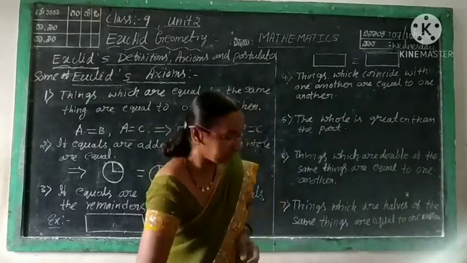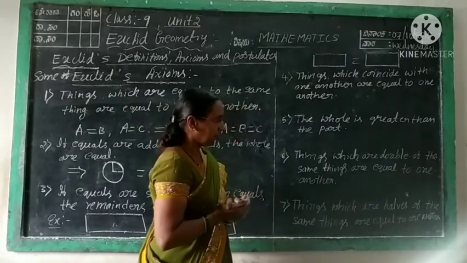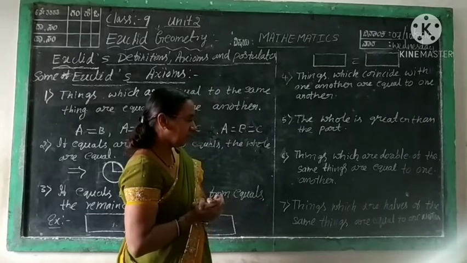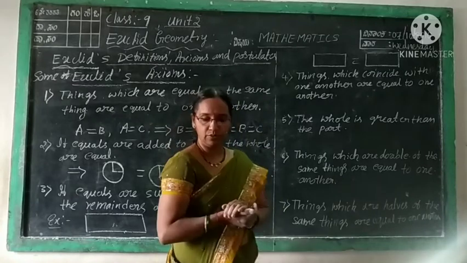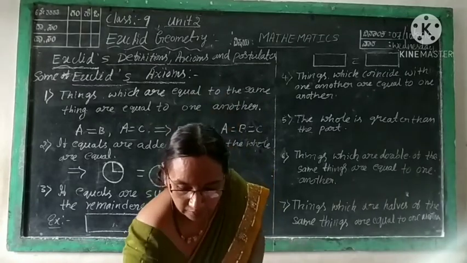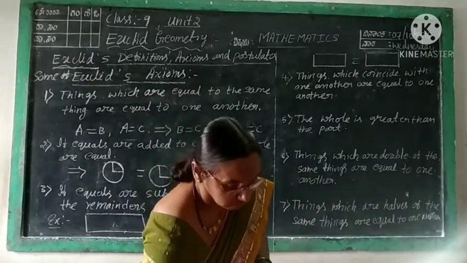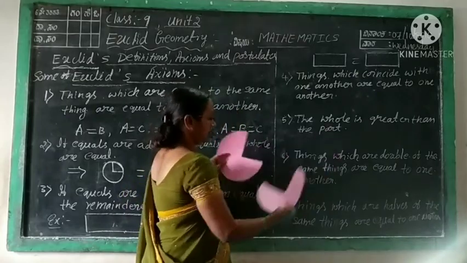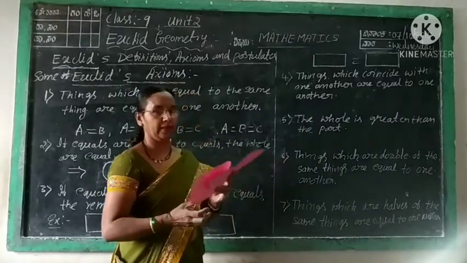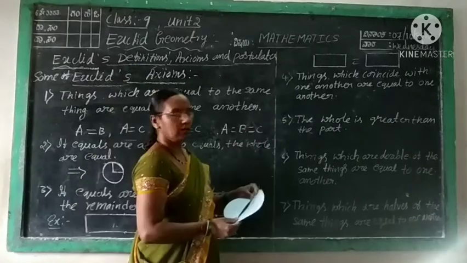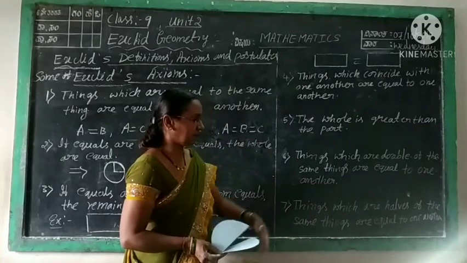Then the last one, the seventh, is things which are halves of the same things are equal to one another.